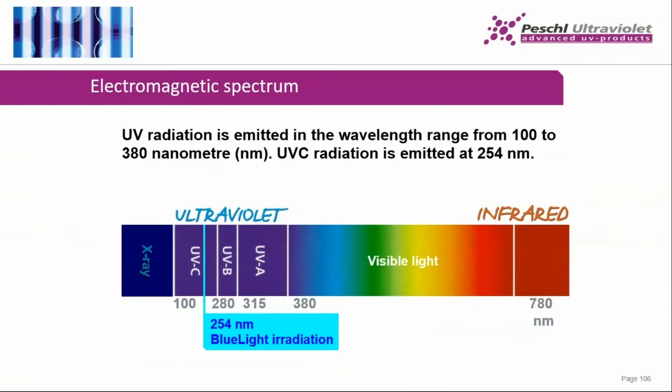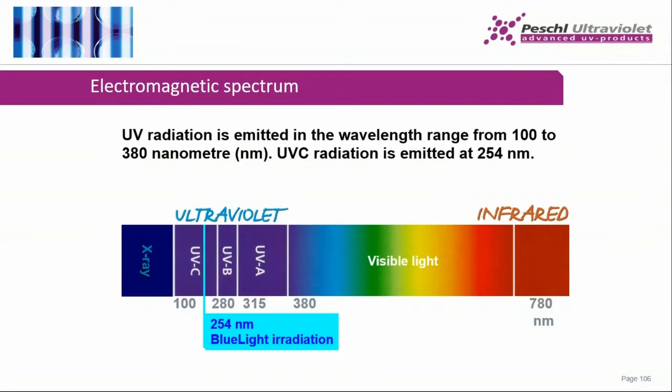Sorry. So now, yes. Gunnar told us how it works, or what UVC is. This is also a little bit the same in my presentation. To remember, when we talk about UV radiation, or UV disinfection, we use the wavelength 254 nanometers.